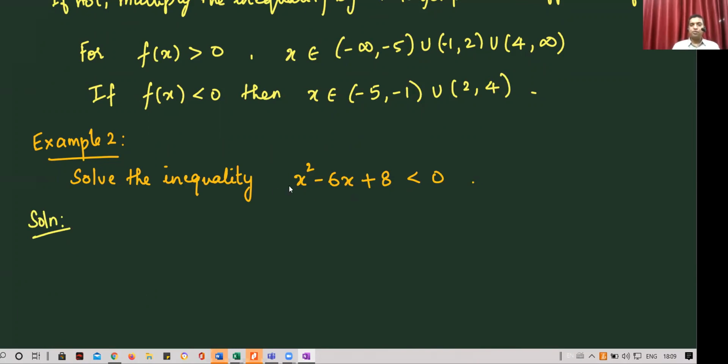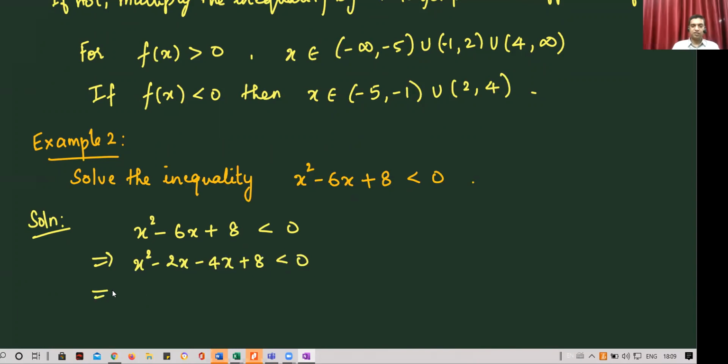How to do this quadratic? x square minus 6x plus 8 less than 0 will imply x square minus 2x minus 4x plus 8 less than 0. You get x times x minus 2 minus 4 times x minus 2.